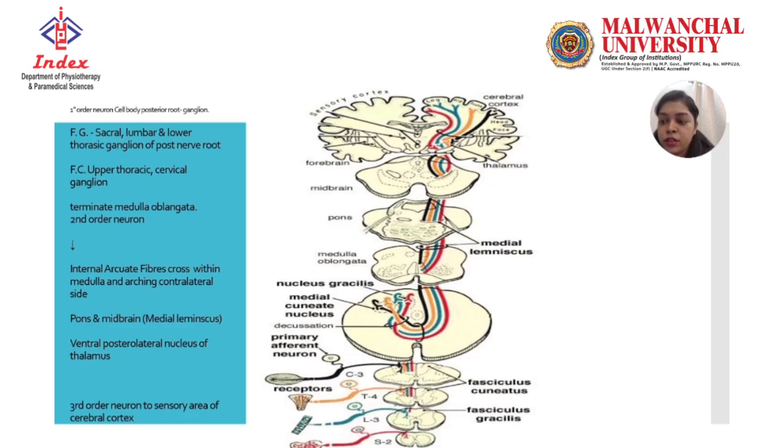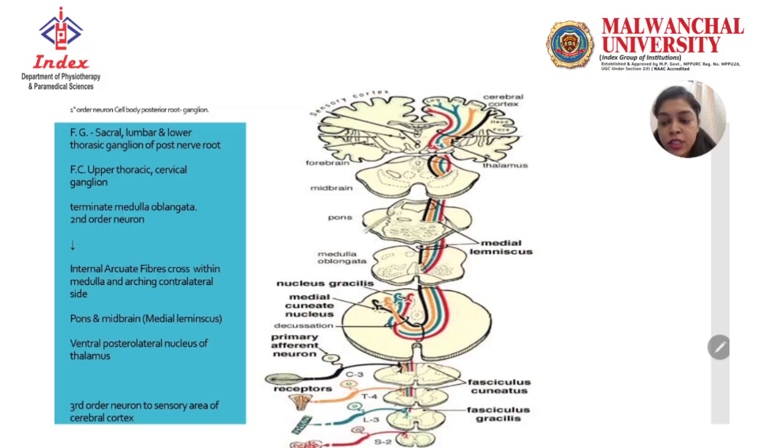Now if we talk about fasciculus gracilis and fasciculus cuneatus, तो fasciculus gracilis जो है वो sacral lumbar and lower thoracic ganglion of the posterior nerve root में है, and fasciculus cuneatus upper thoracic cervical ganglion में है. ये टर्मिनेट होता है आपका मेडुला ऑब्लोंगेटा में.